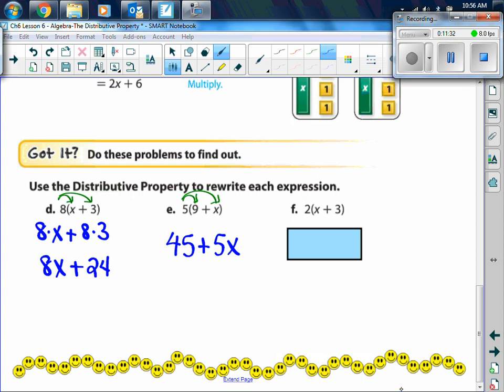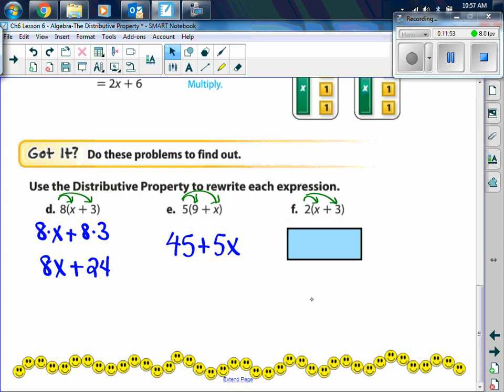So go ahead and do example F on your own. For problem F, we're going to take the 2 and multiply it times everything inside the parentheses. So we're going to have 2 times x plus 2 times 3, which gives us 2x plus 6.